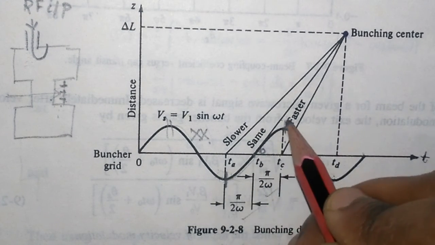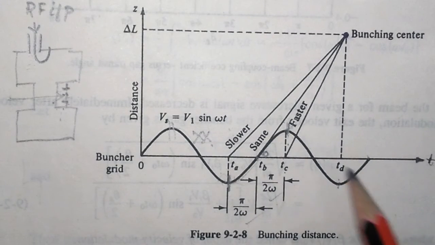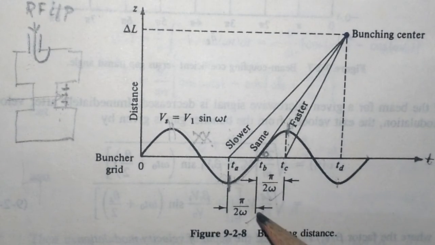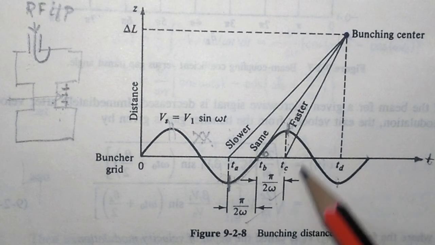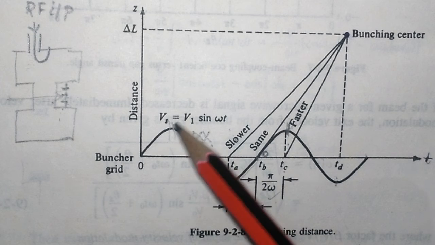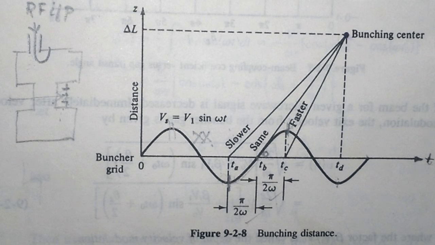This is called the bunching limit, and this happens only once in a cycle. That's why I told you that the frequency of electron bunches is the same as the frequency of the signal that is applied to the buncher cavity to be amplified. I hope you understood the bunching process.